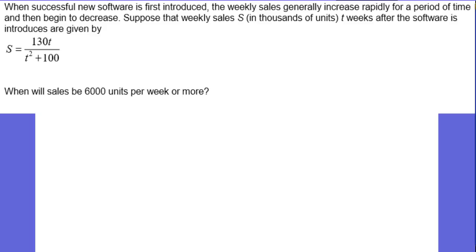When will the sales be 6,000 units per week or more? Keywords. Anybody have an idea?